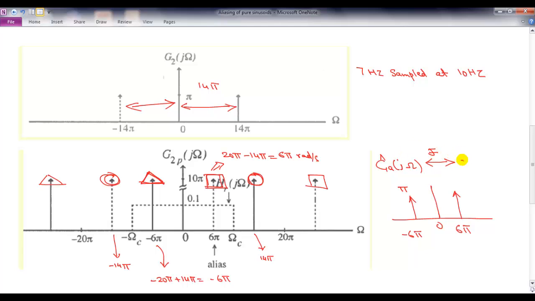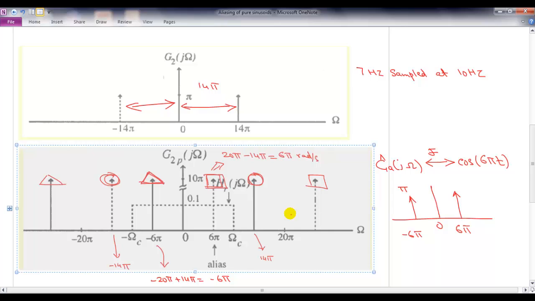I get cosine of 6 pi t. So this is the case where my 14 pi frequency aliased into a 6 pi frequency, or my 7 hertz frequency aliased into a 3 hertz frequency.